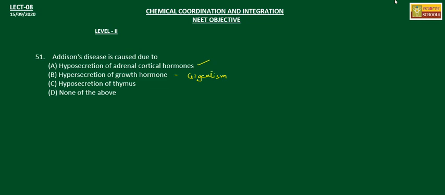Then hyposecretion of thymus will result in fewer T lymphocytes, which indicates the person has less immunity. So Addison's disease is caused due to hyposecretion of adrenal cortical hormones. Option A is right.